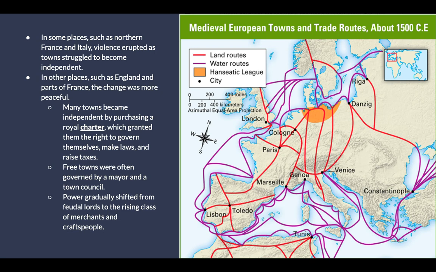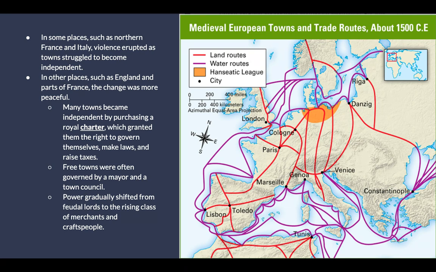Many towns became independent by purchasing a royal charter. A charter is a written grant of rights and privileges by a ruler or government to a community, a class of people, or an organization. So if you could purchase this royal charter, you are essentially just purchasing the rights to that land.